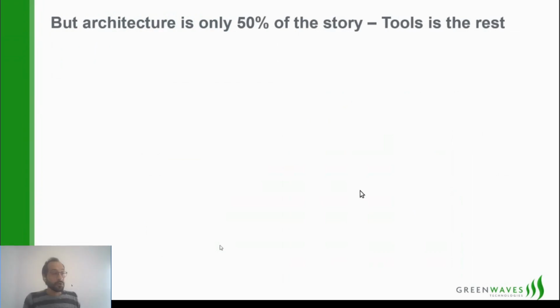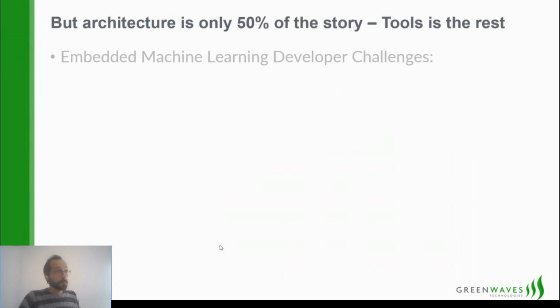You can implement a lot of tricks and a lot of architectural choices to have a good architecture, but then you also have to provide tools, that is the work of the developers. So there are a few challenges. If you look at this architecture and you want to port your application to GAP, there are a few challenges that you need to tackle.